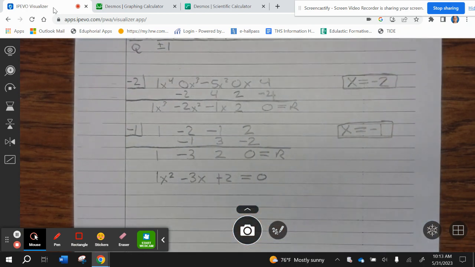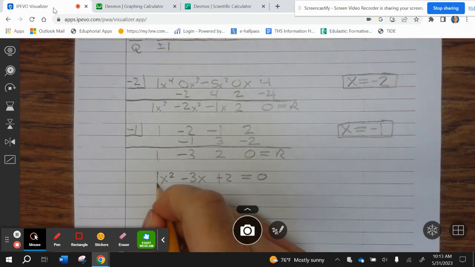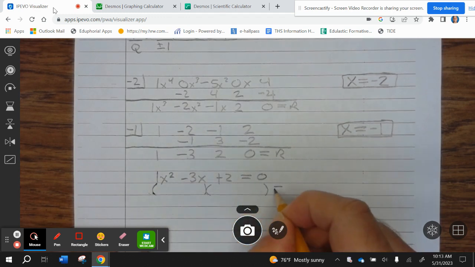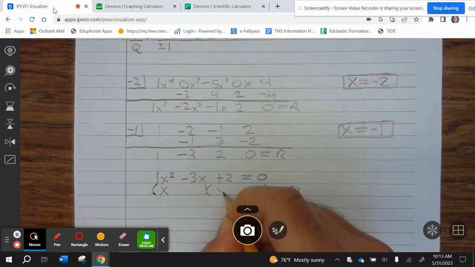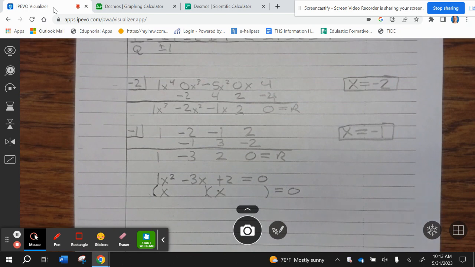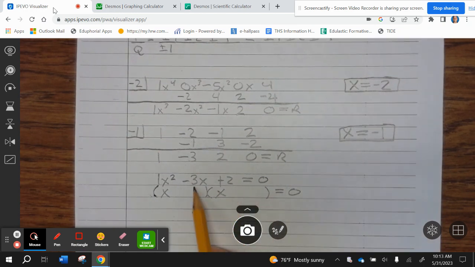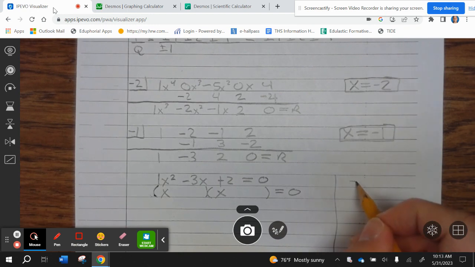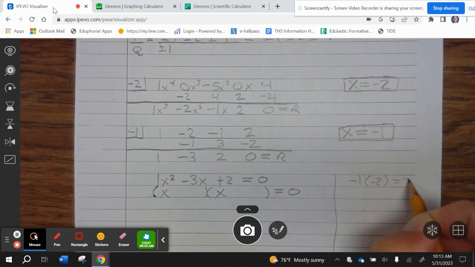All right, let's factor. So then that's 2 parentheses equals 0, x and x. Now, since the last number is positive and the middle number is negative, the two numbers need to be negative. So negative 1 times negative 2 is a positive 2.